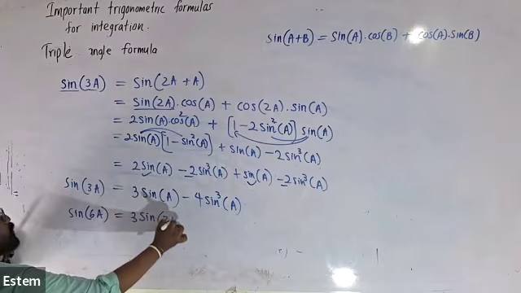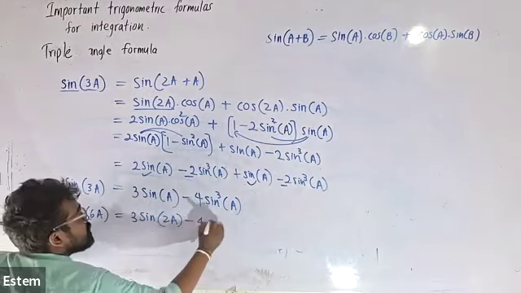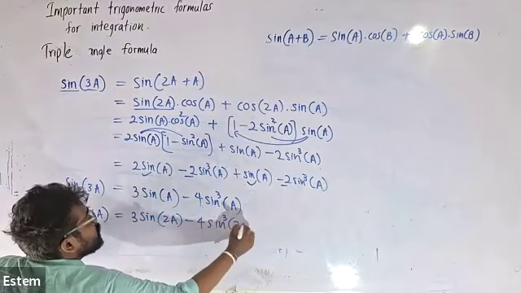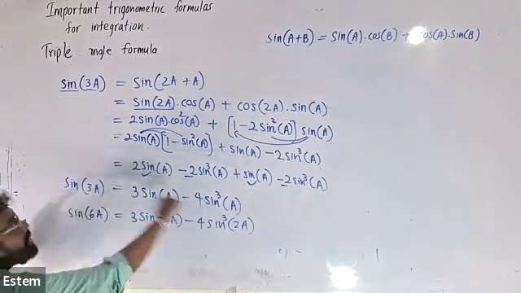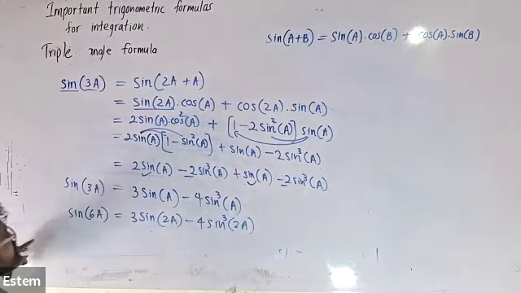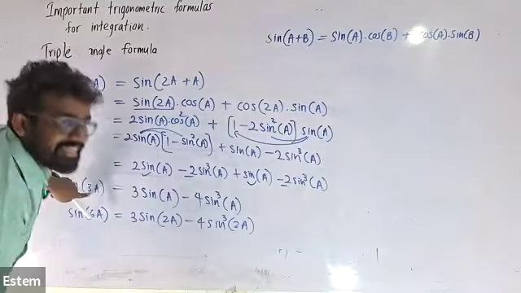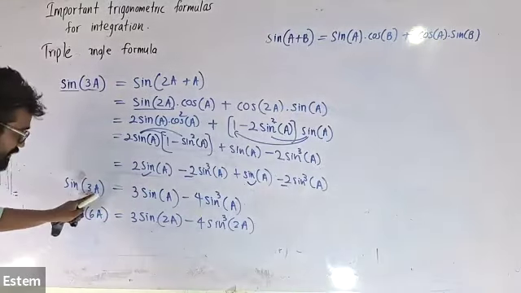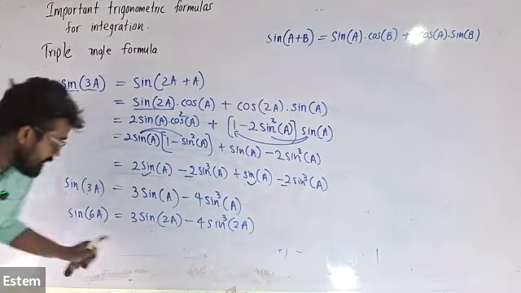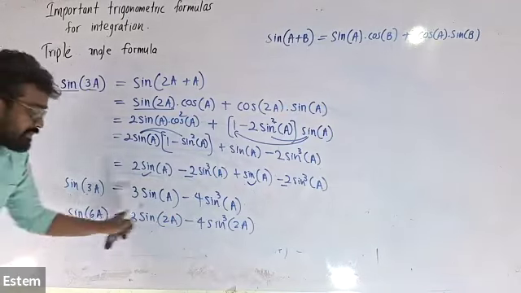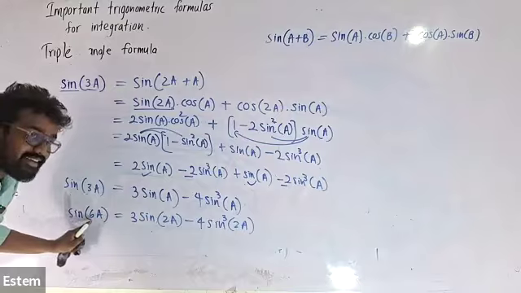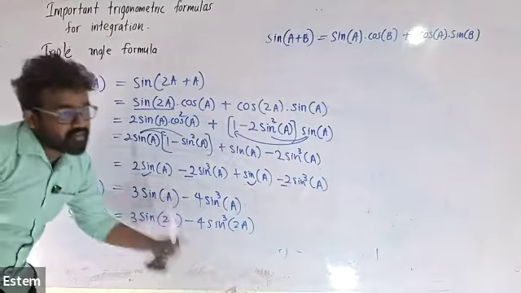It will be sine 2a minus 4 sine cube 2a. Always when we apply these triple angle formulas, the angle is divided by 3. 3a divided by 3 is a, 6a divided by 3 is 2a, and if there is 9a, this becomes 3a.